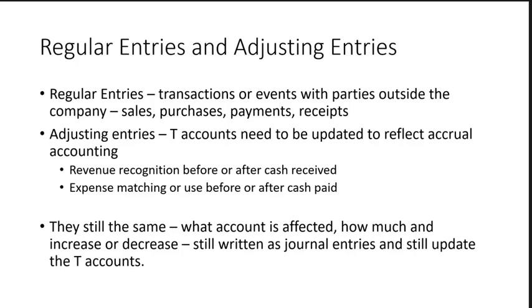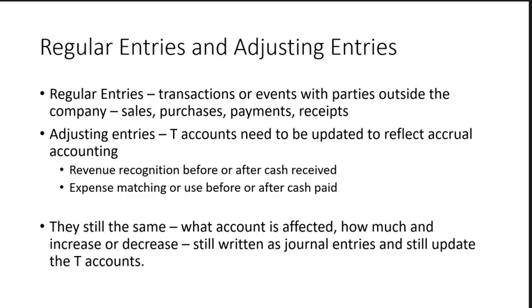So the reason why we need them is because of what's called accrual accounting. As we learned earlier, we need to recognize revenue when it is earned, regardless of whether we receive cash. So if we have revenue recognition that's either before or after the cash is received, then you may need to make an adjusting entry.